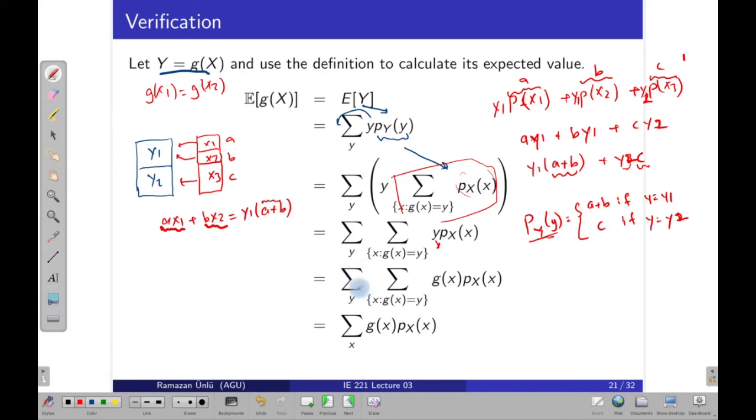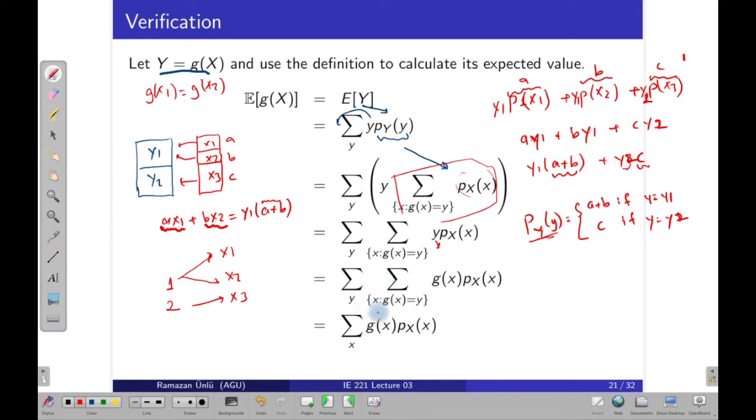Let's say I will do some loop in here, right? Let's say I have two y values, 1 and 2, and y equal to 1 corresponds to x1 and x2, and y equal to 2 corresponds to x3. The first thing, I will assign the value 1 to y, and I will look at every single element of x.